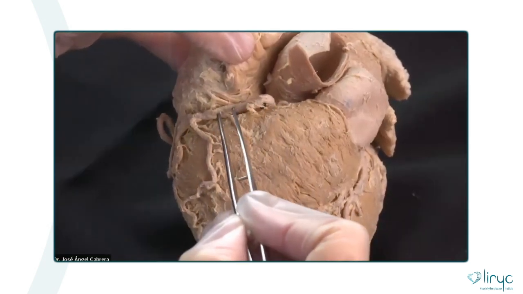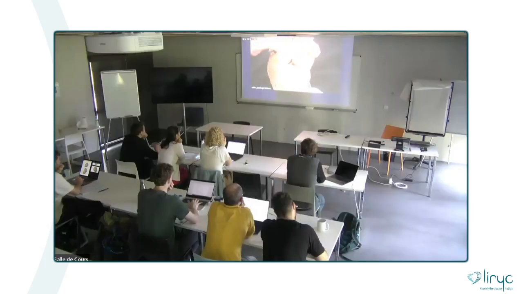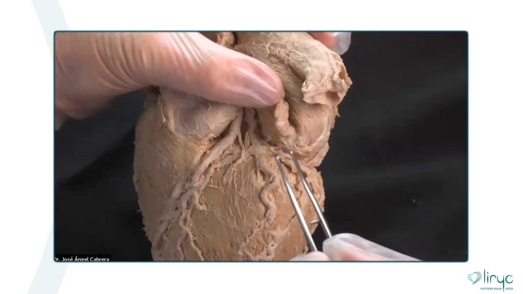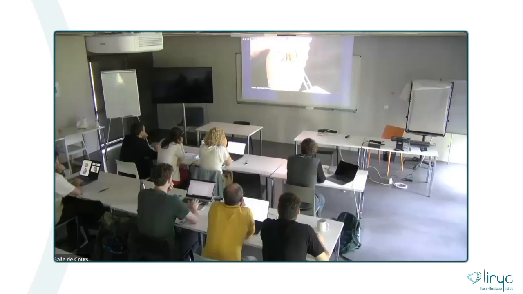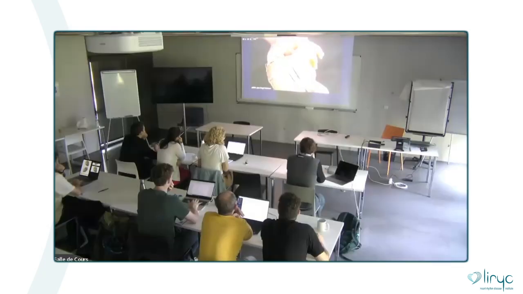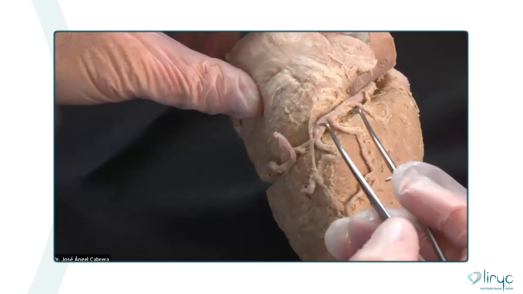Here we have the tricuspid valve annulus, and here the mitral valve annulus. Therefore, the circumflex artery surrounds the mitral valve annulus and the right coronary artery surrounds the tricuspid valve annulus.